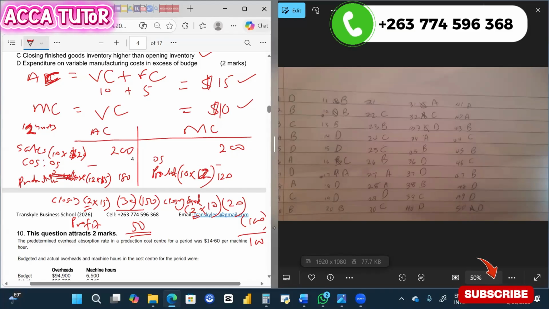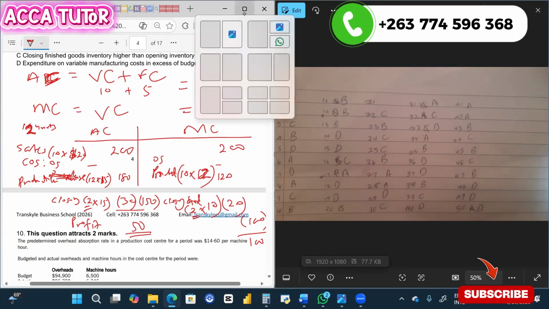What if the closing stock, is it about quantities or is it about the cost of the closing inventory? I think it's the cost. So if the cost of closing inventory is going to be higher, we should actually get more profit, isn't it?